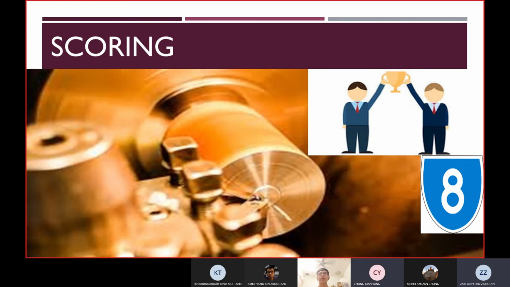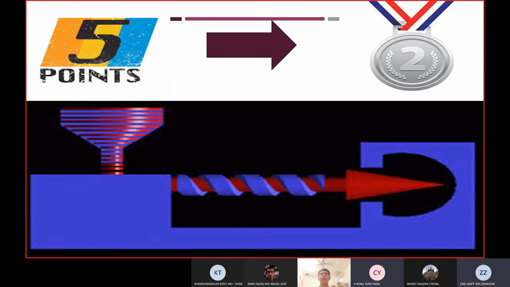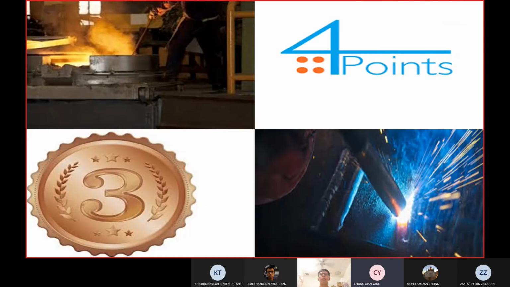For the scoring part, machinability is the winner with 8 points in total, followed by moldability with 5 points. Third place is shared by castability and weldability with 4 points.